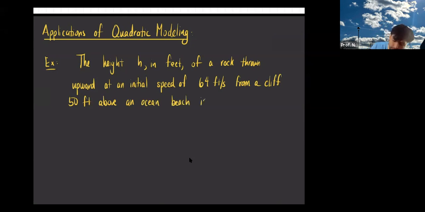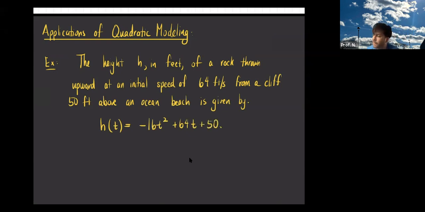Is given by the following. It's given by this formula. H of t is equal to negative 16t squared plus 64t plus 50, where t is in seconds.